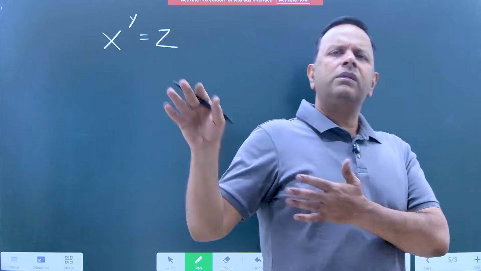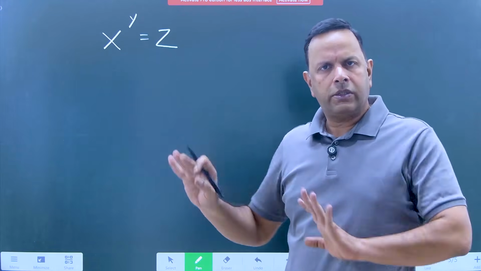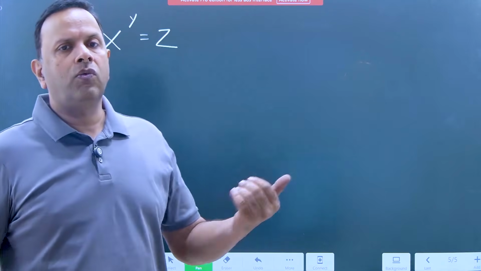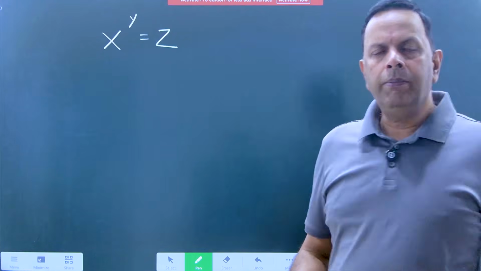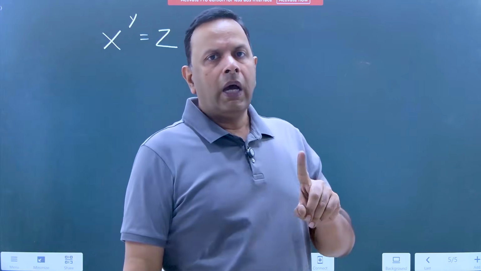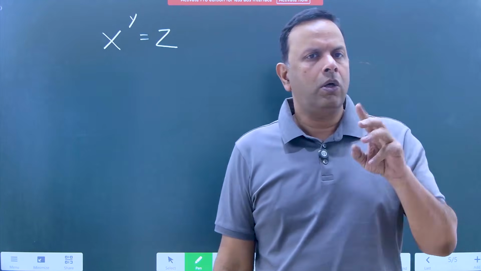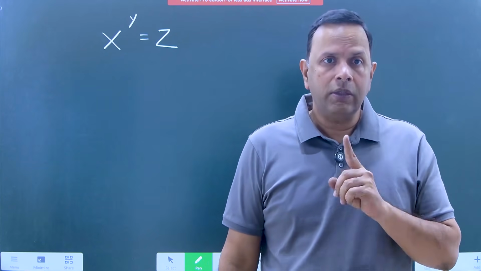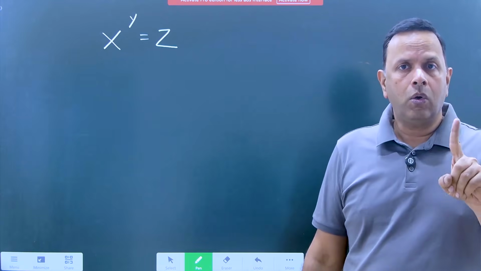I say this equation represents some physical situation and it is correct, but I don't tell you what x, y, and z are. Now I am asking you, can you tell me the dimensional formula of just one of these three? Out of x, y, and z, can you tell me the dimensional formula of just one of them? Yes, the answer is you can.